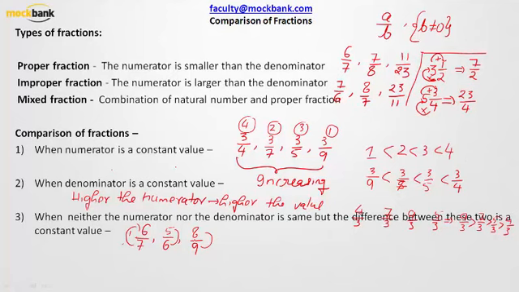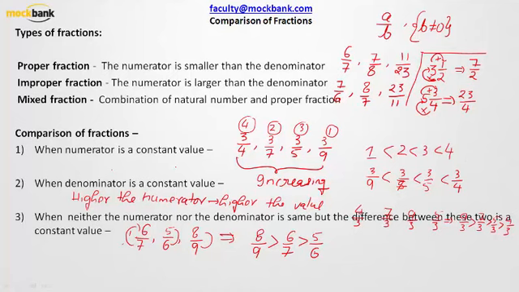So when we have such a case, we go with the highest denominator value: the higher the denominator, the higher is the value. As simple as that. So we'll write 8 over 9 as the largest value, then 6 over 7, and the least value is 5 over 6.